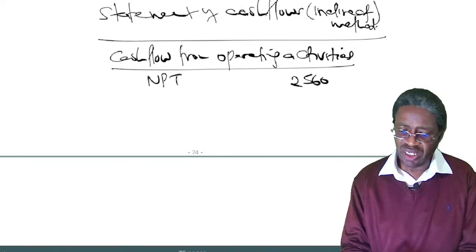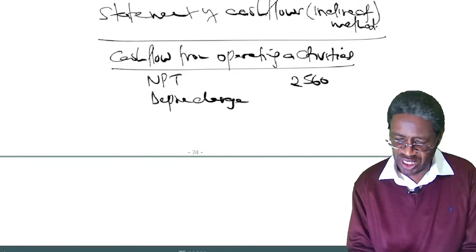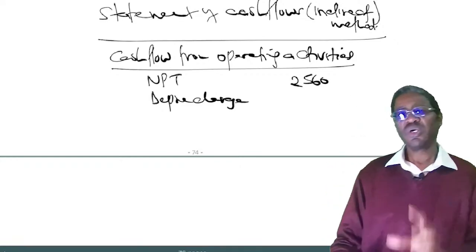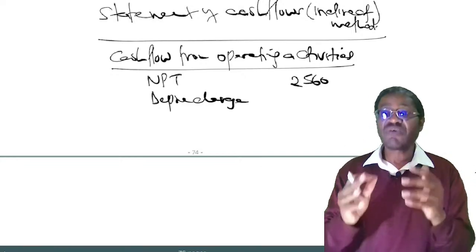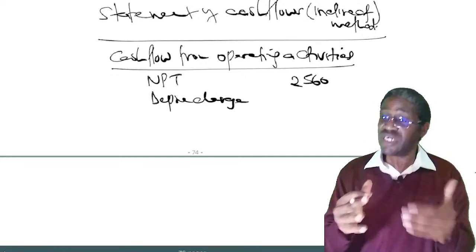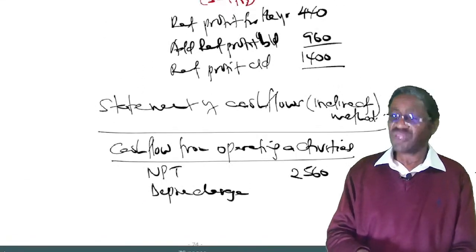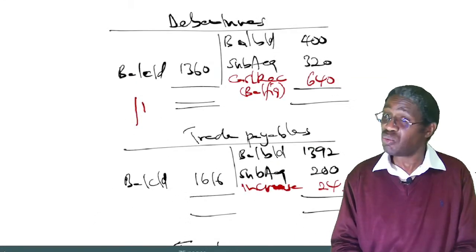So you bring in the depreciation charge for the year. I told you for some questions you have to calculate that charge, for some questions it is given. For these questions, I think we had to calculate it.